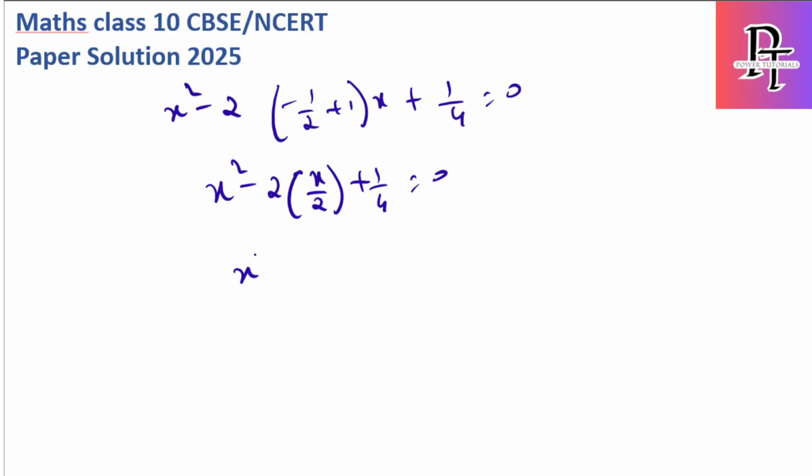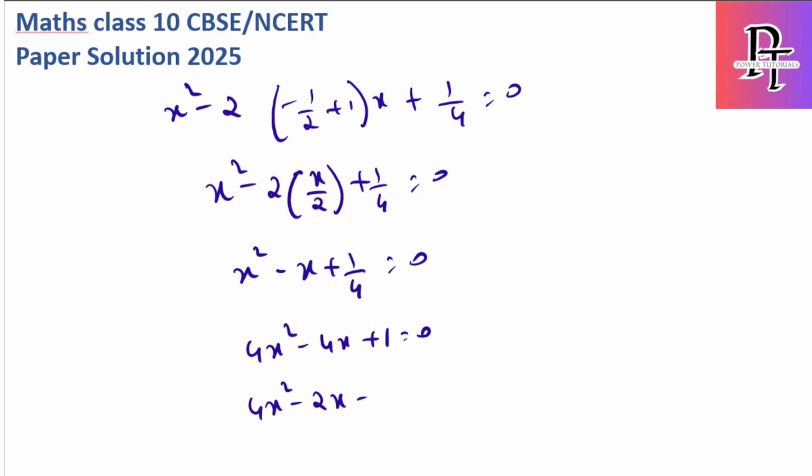So this becomes x square minus x plus 1 by 4 is equal to 0. So if I multiply by 4, I will get 4x square minus 4x plus 1 is equal to 0. So I can also write it as 4x square minus 2x minus 2x plus 1 is equal to 0. If I take 2x as common, I will get 2x minus 1 common, 2x minus 1.